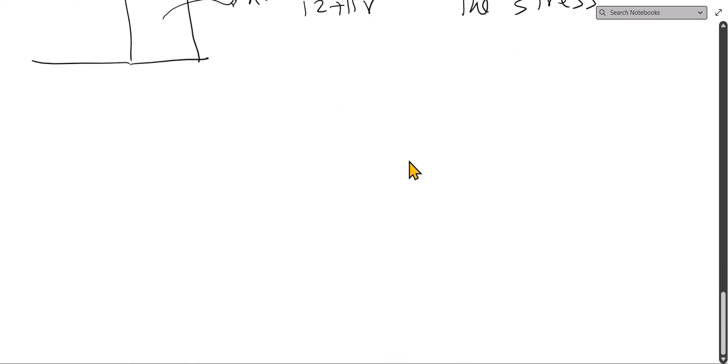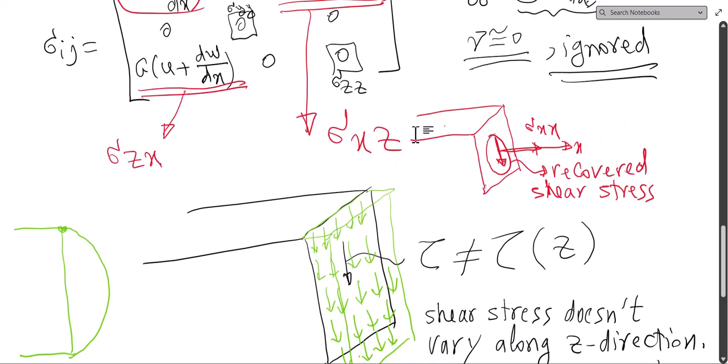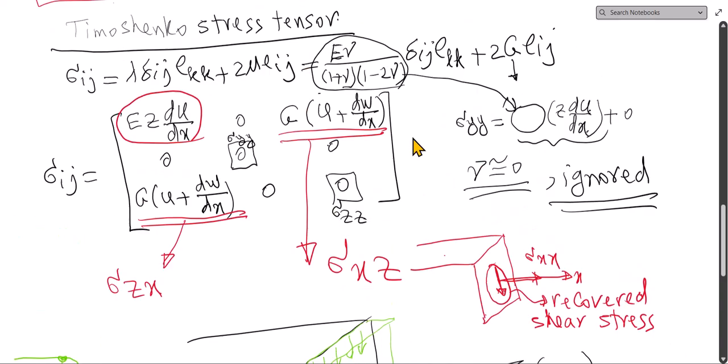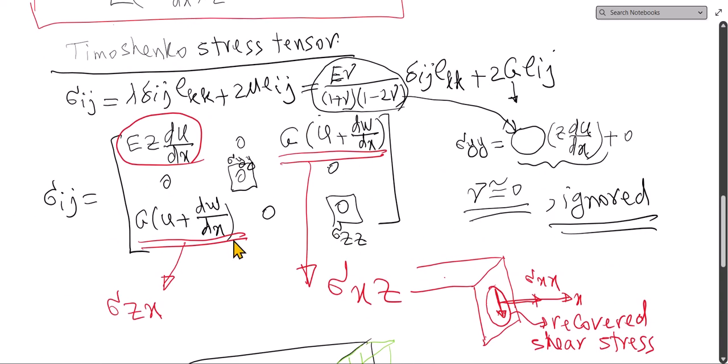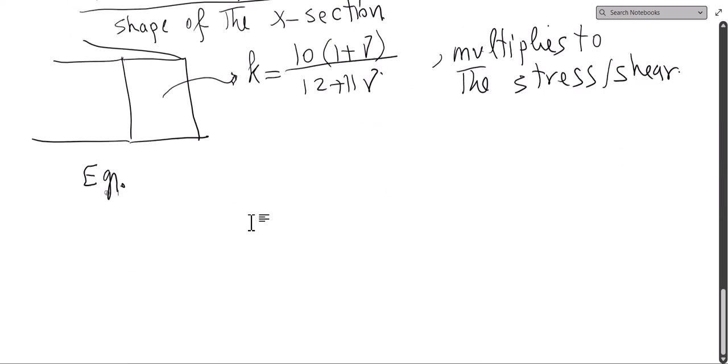Now, if you write the equilibrium equation based on this, one thing again here is that we don't have any kinematic inconsistency, because we get shear strain and shear stress, contrary to Euler-Bernoulli.